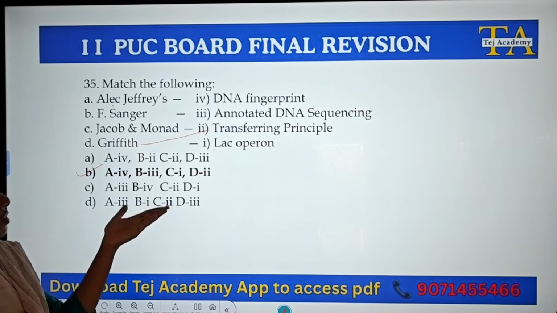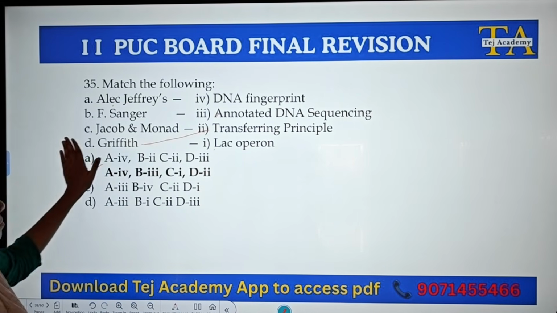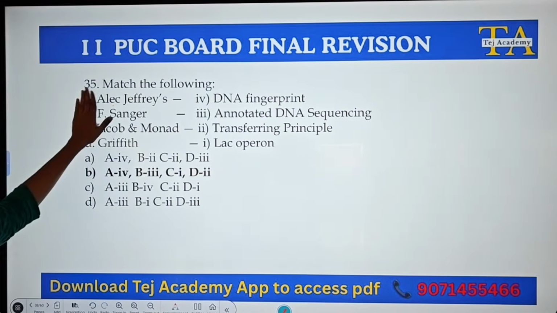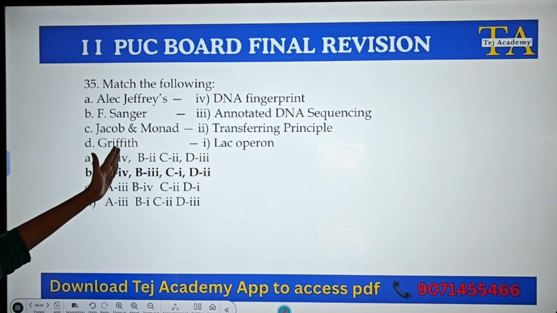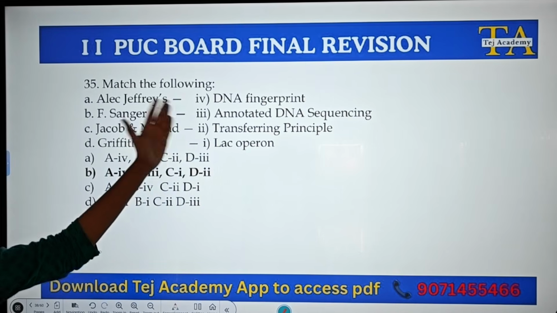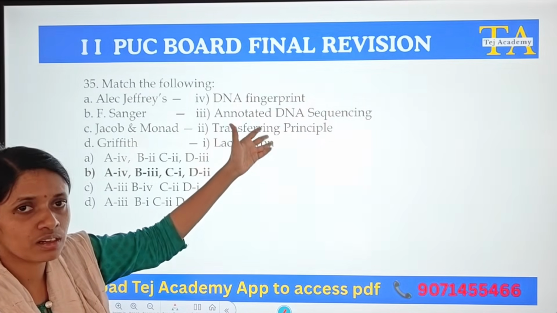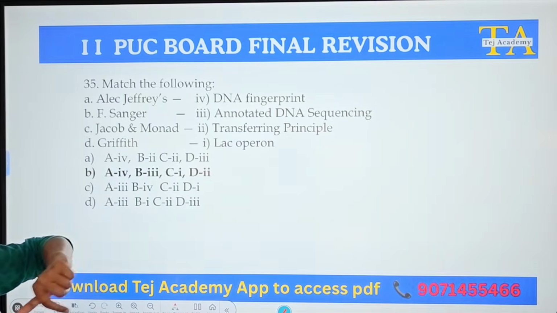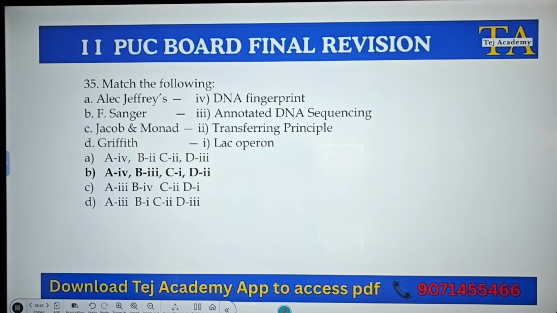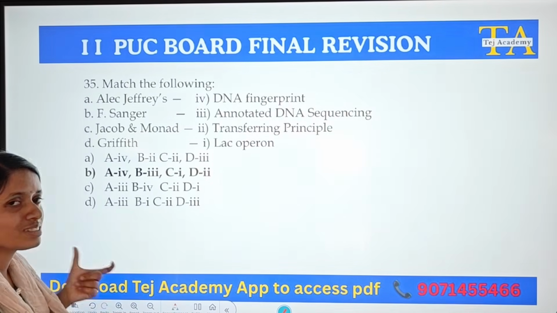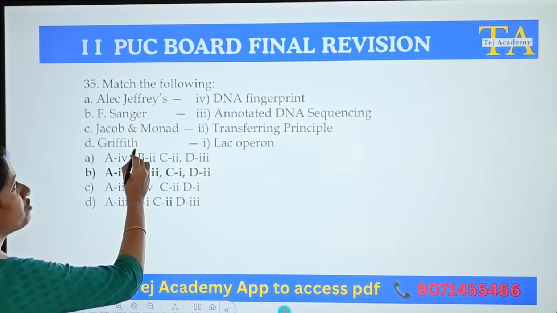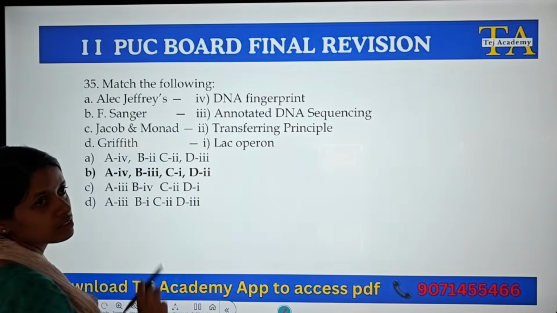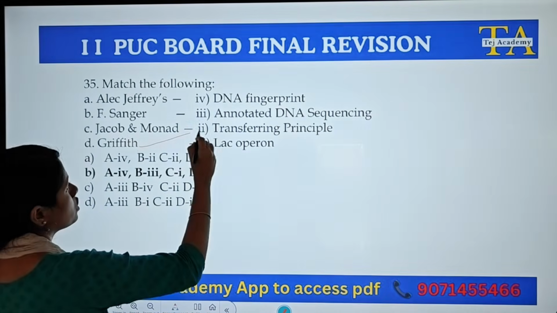So in this question, what is given is names of scientists, and opposite to that are the techniques they have discovered or invented. Okay, and what you can do is, if you don't know all of the scientist names, you can check for the scientists you know and their discovery. For example, I know that Griffith discovered the transforming principle, so D2.